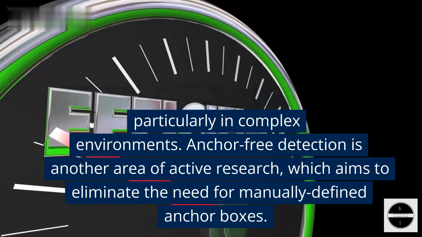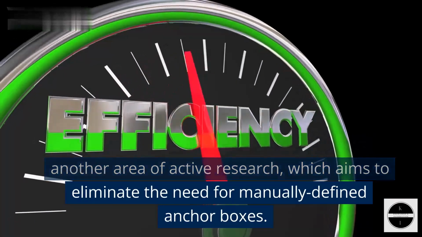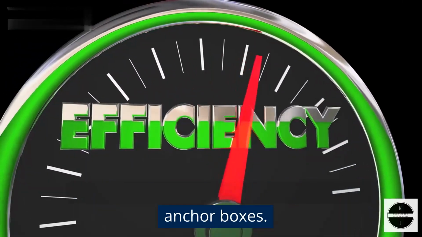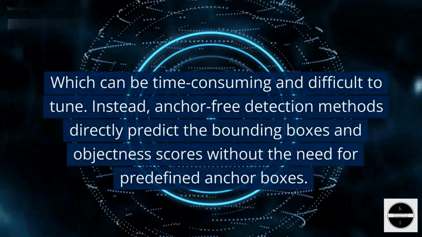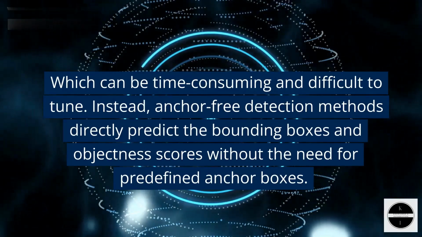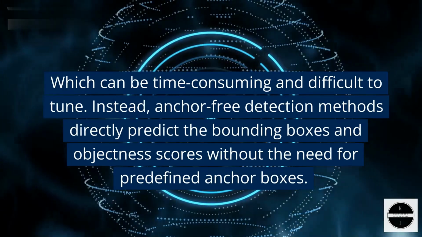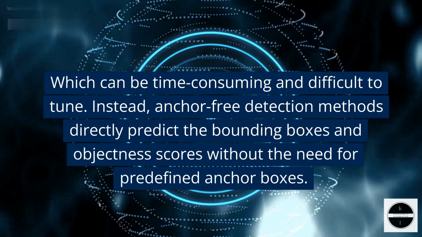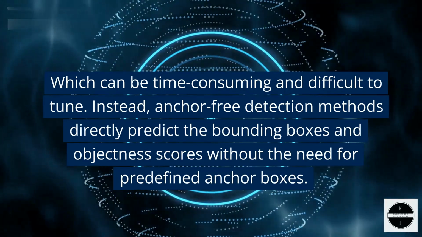Anchor-free detection is another area of active research, which aims to eliminate the need for manually defined anchor boxes, which can be time-consuming and difficult to tune. Instead, anchor-free detection methods directly predict the bounding boxes and objectness scores without the need for predefined anchor boxes.